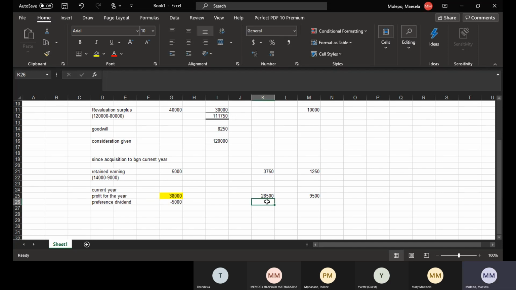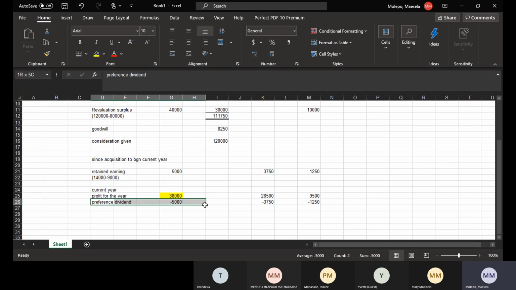And then the difference we multiply by 75%, which will be 3,750. And then here it will be minus 1,250, which is the difference.